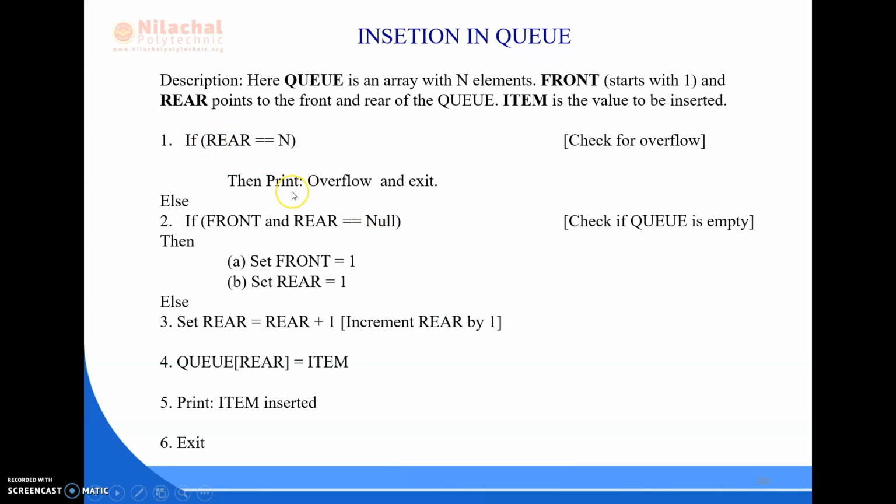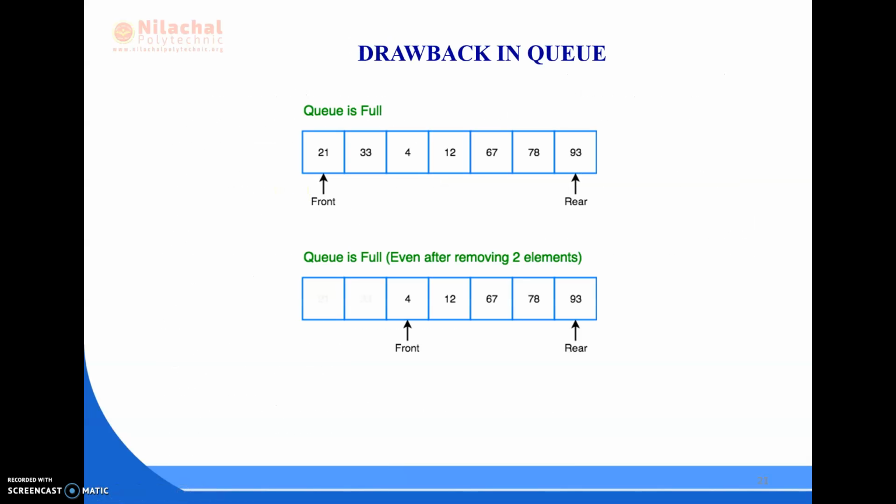So it will overflow and exit, saying the queue is full. But even after removing two elements, it shows that it is full, whereas it is not full, it has two empty spaces.